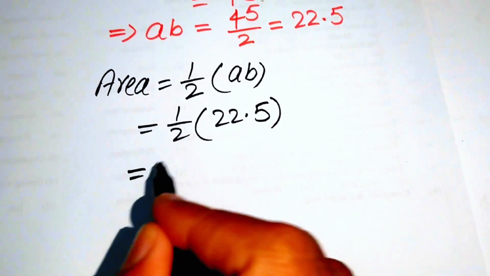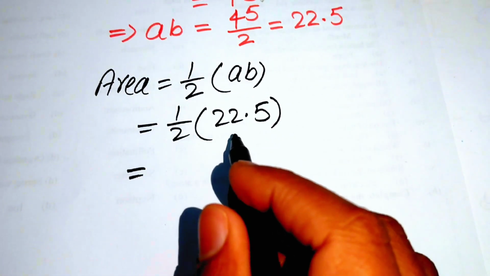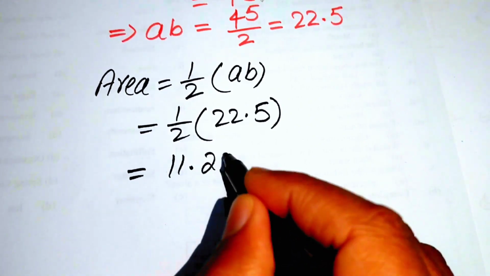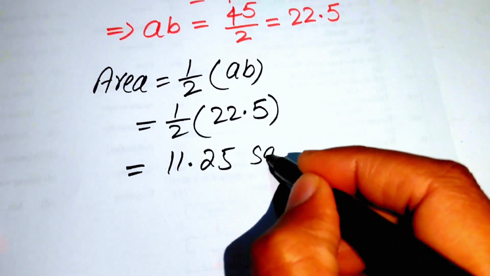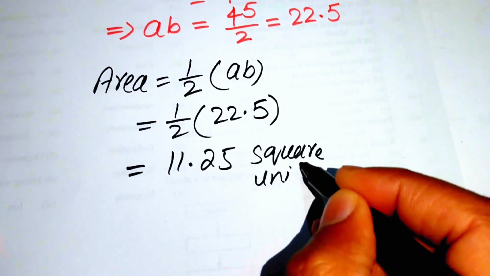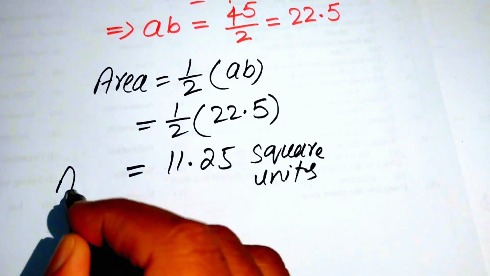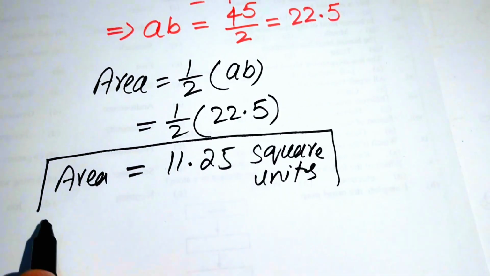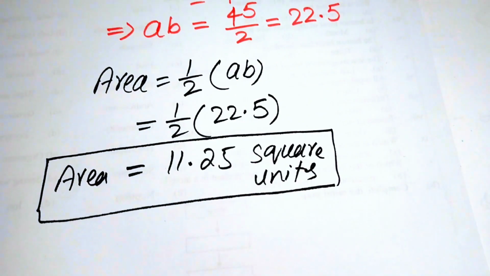When we divide 22.5 by 2, we obtain 11.25 square units. So this is the area of the given right triangle, and this is our final answer of this question.